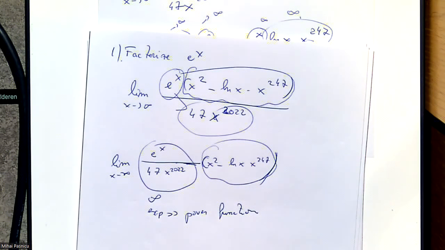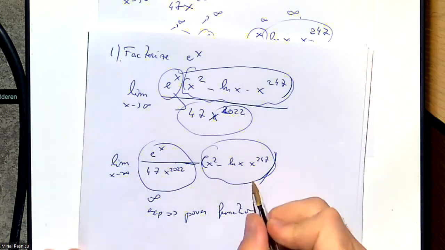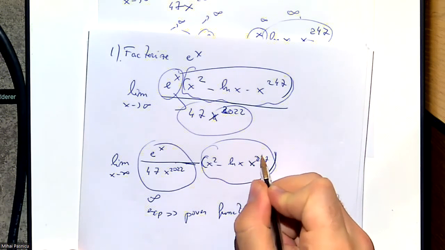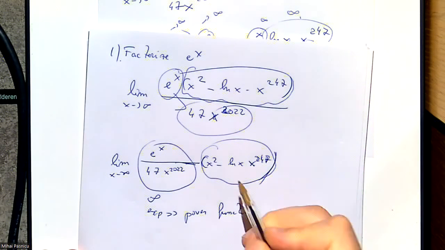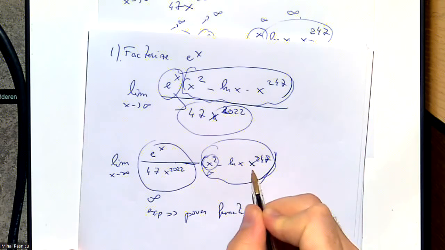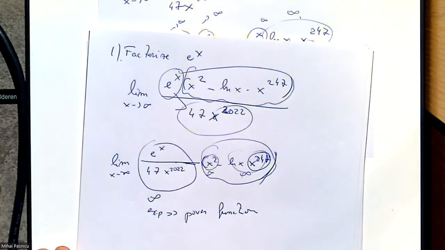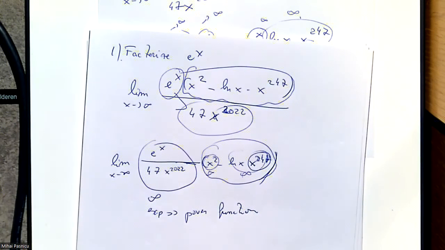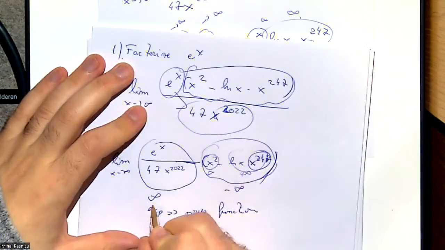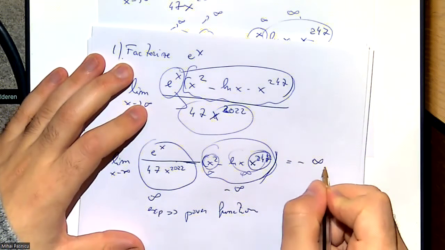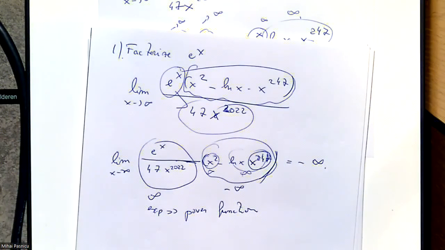But in my case here, this parenthesis is going to be minus infinity, of course, because although this is infinity and this is again infinity, this x to the 247 is much bigger than x squared. I hope I don't need to convince you on that. So this is minus infinity. Infinity times minus infinity is minus infinity.